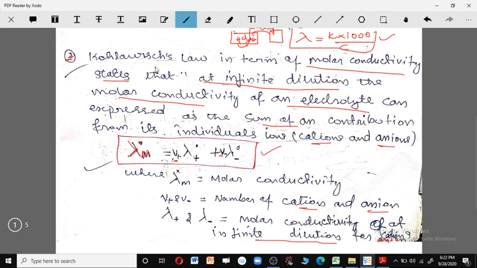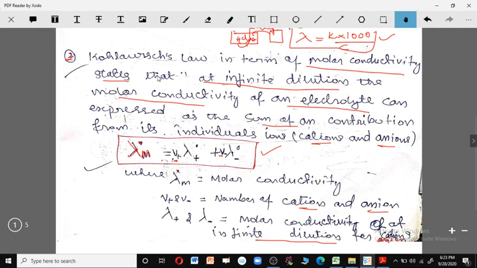With the help of this formula you can calculate the molar conductivities, and this Kohlrausch law is very important for that. So I repeat: molar conductivity equals nu plus lambda plus plus nu minus lambda minus, where nu plus and nu minus are the numbers of cations and anions, and lambda plus and lambda minus are the infinite dilution molar conductivities of the cation and anion.